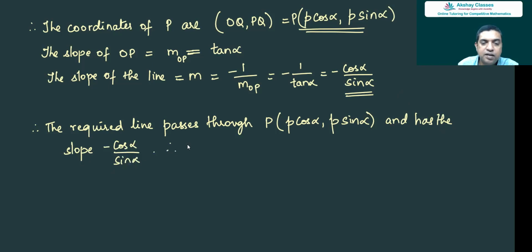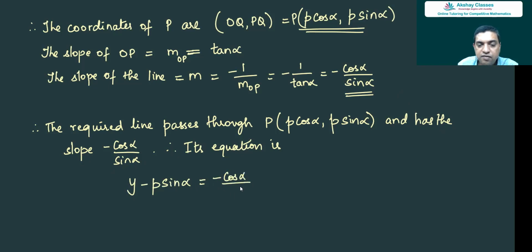Therefore, its equation is y minus p sine alpha is equal to minus cos alpha by sine alpha times x minus p cos alpha.